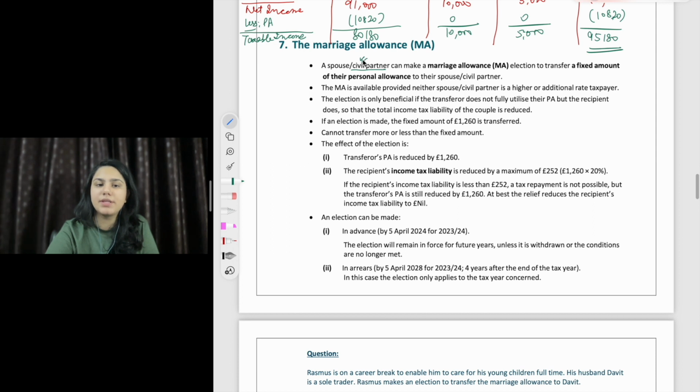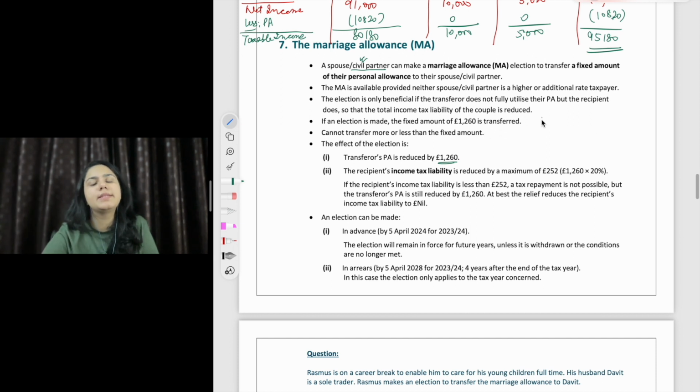That part is fixed. An individual can transfer a fixed 1,260 of their personal allowance to their spouse or civil partner, but if they transfer this amount, it will reduce their own personal allowance.